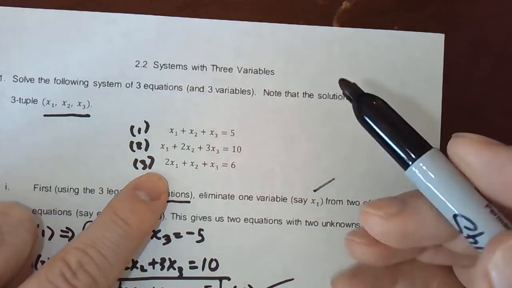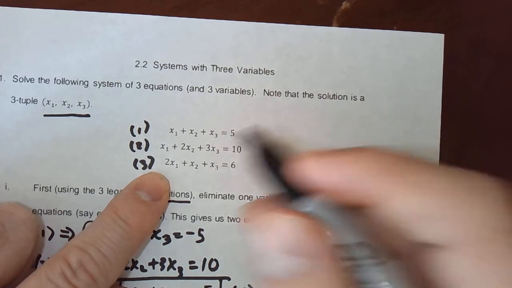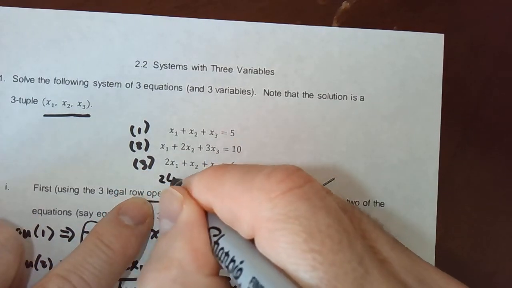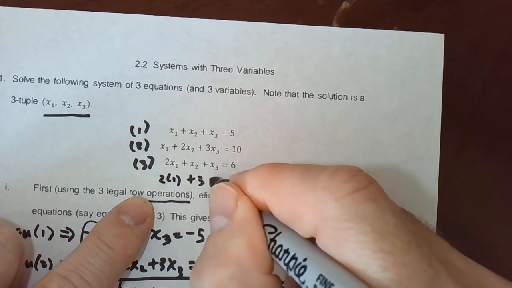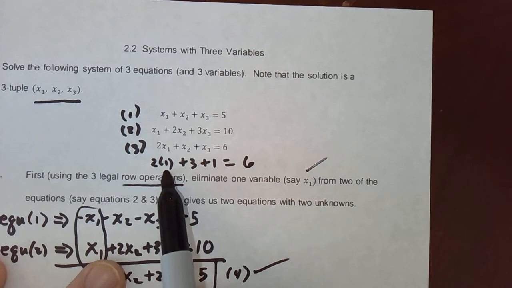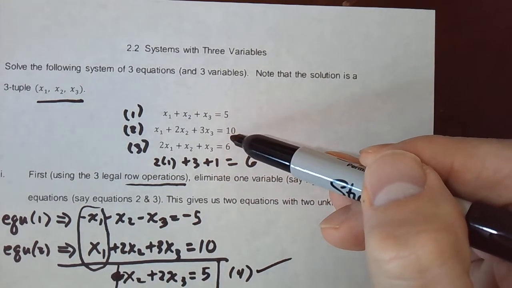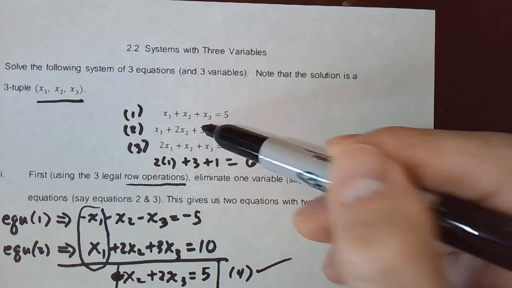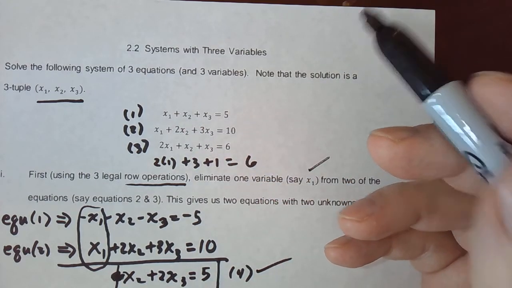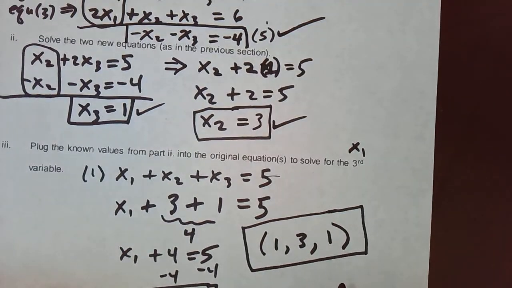And let's jump down to the bottom one. I'll let you verify the second one. The bottom one, this would be 2 times 1 plus 3 plus 1 equals 6. If that works, 2, 3, and 1 does add up to 6. And you'll find that it also works when you plug in the 1, 3, and 1 into equation number 2. So we're assured that we have the correct answer in 1, 3, 1.